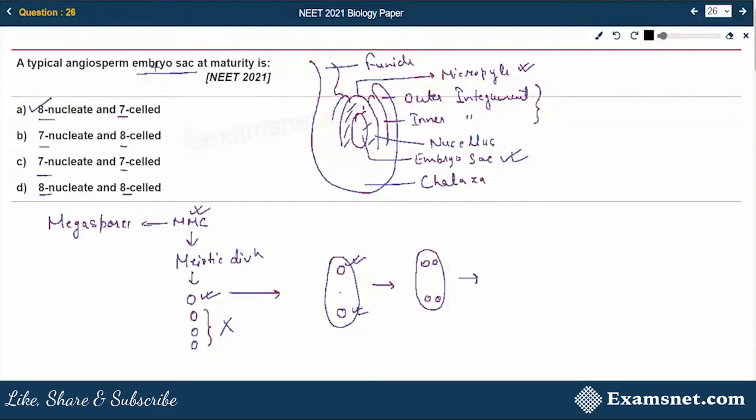One more mitotic division will take place, so we get four nuclei here and four nuclei at the chalazal end. So it leads to the formation of the four nucleate stage and eight nucleate stage.